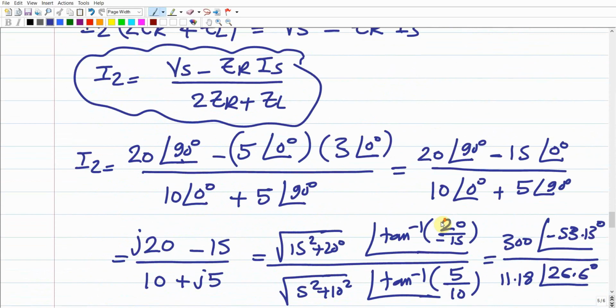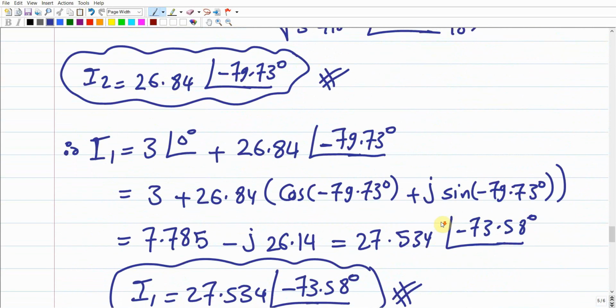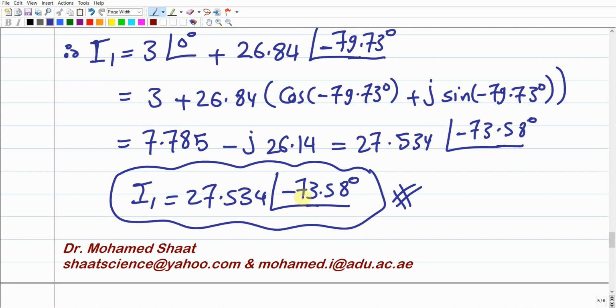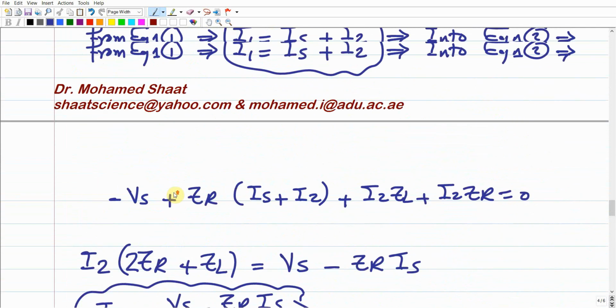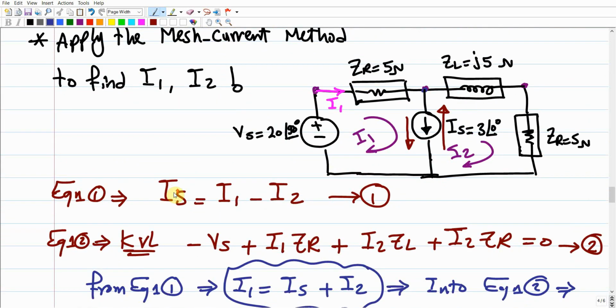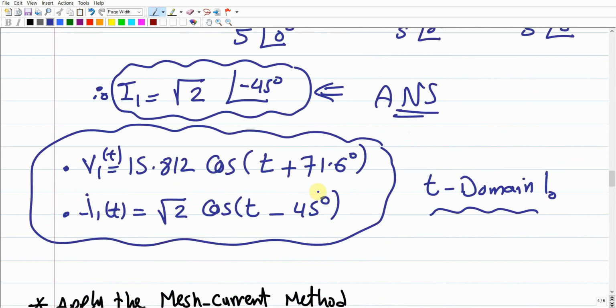There should be a mistake here because you should end up with the same phasor currents I1 and I2. I1 from the mesh current method should be the same value as when you solve the problem using the node voltage analysis method. I mean that these two values should be the same.